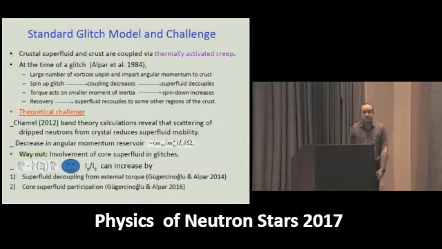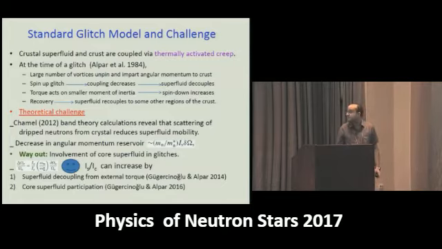According to the standard glitch model, the vortex creep model, the superfluid and the normal matter are coupled by vortex lines, with thermally activated motion. At the time of the glitch, a very large number of vortices are released and impart their angular momentum to the crust. Due to this, the coupling between the superfluid and the crust is decreased, and the superfluid decouples from the external torque.